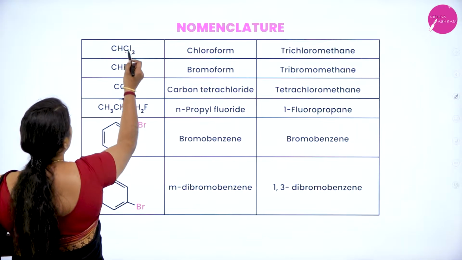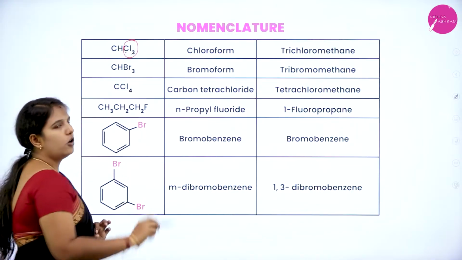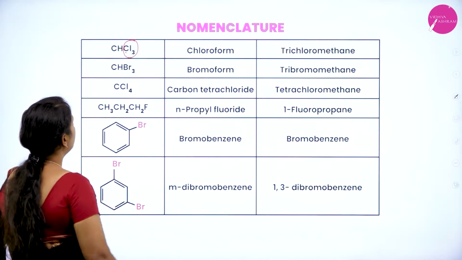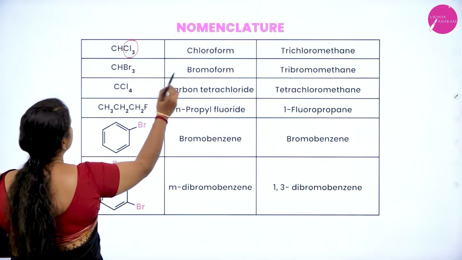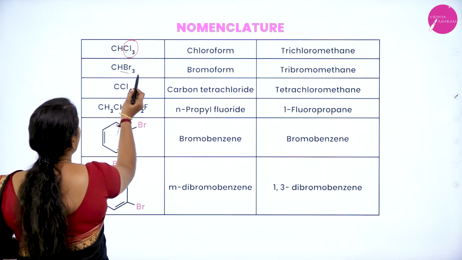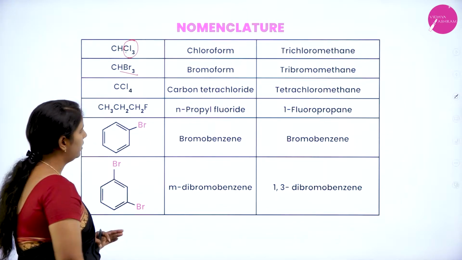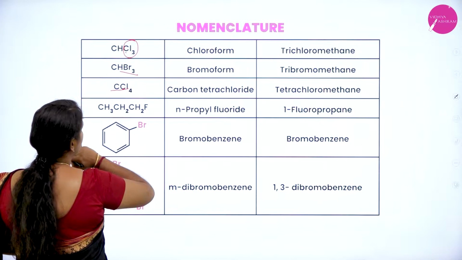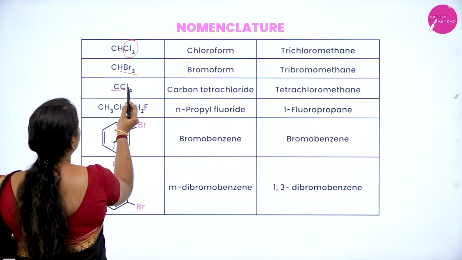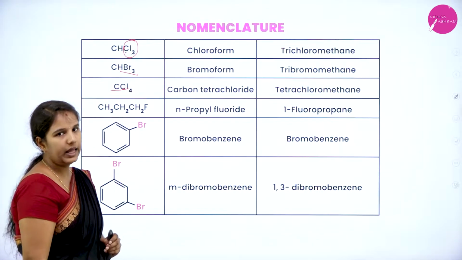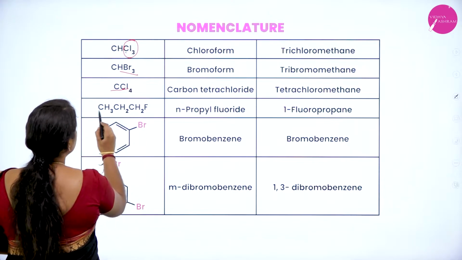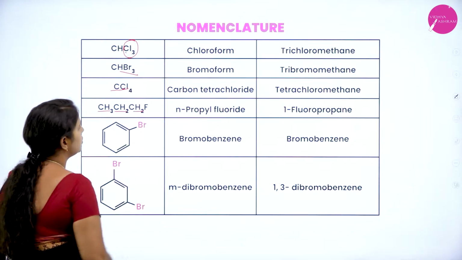There are 3. So it is trichloromethane. Coming to CHBr3, it is bromoform and it is tribromomethane. Okay. Next is carbon tetrachloride and it is known as what? Tetrachloromethane.